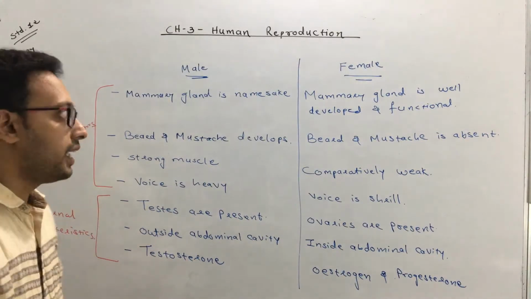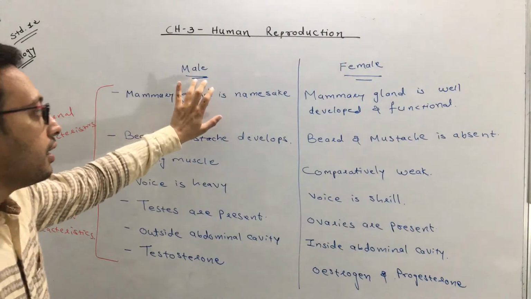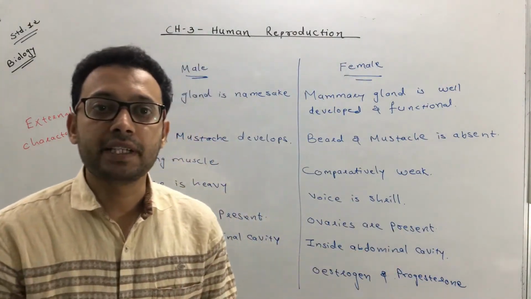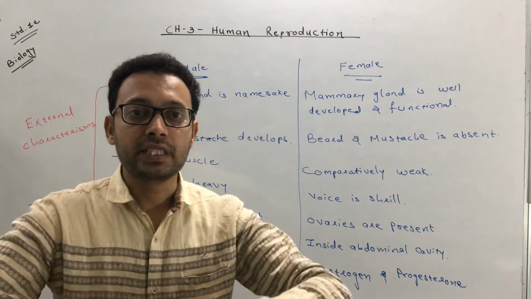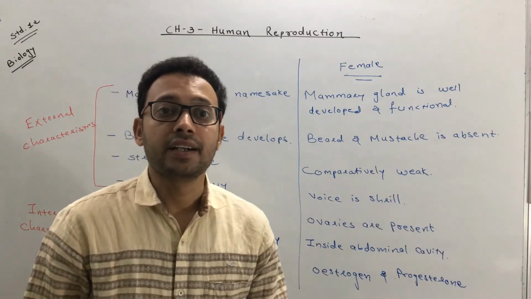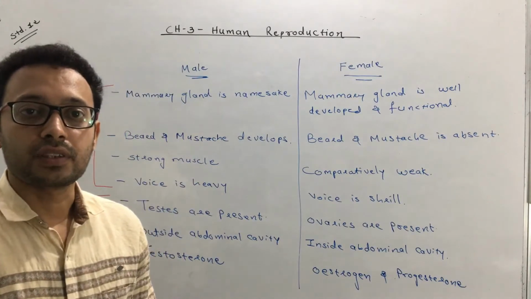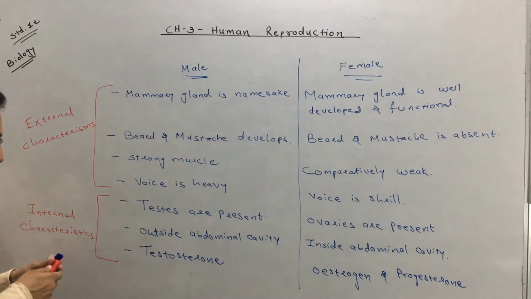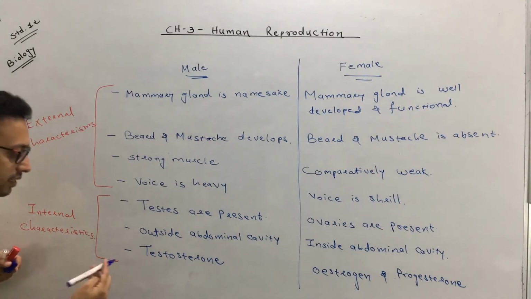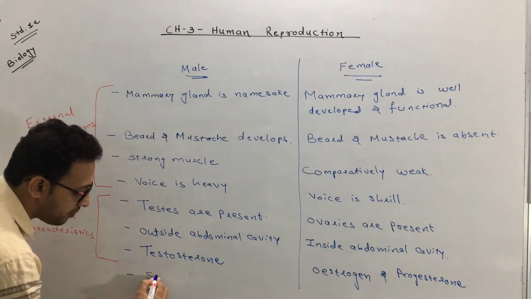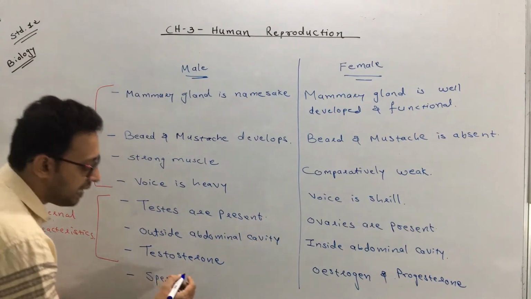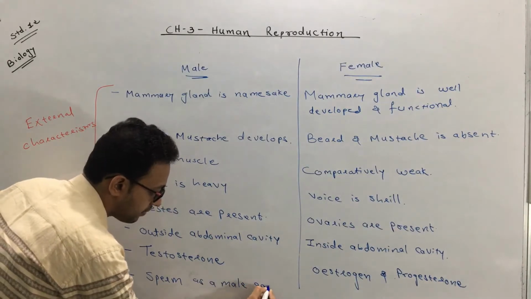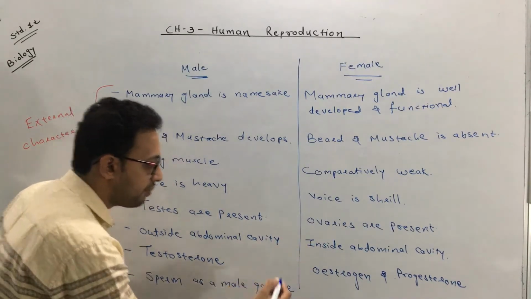Ultimately, I want to say that in a human being, male and female are different, or human beings exhibit a sexual dimorphism, meaning sex-wise they are different. Here one more difference you can also write: the male produces a sperm as a male gamete, and what does the female produce?